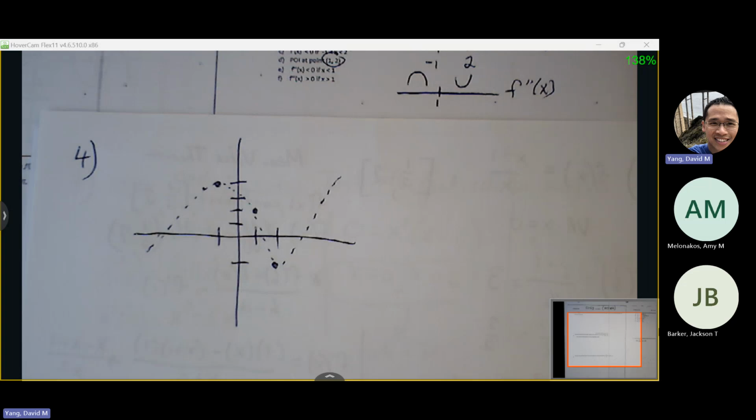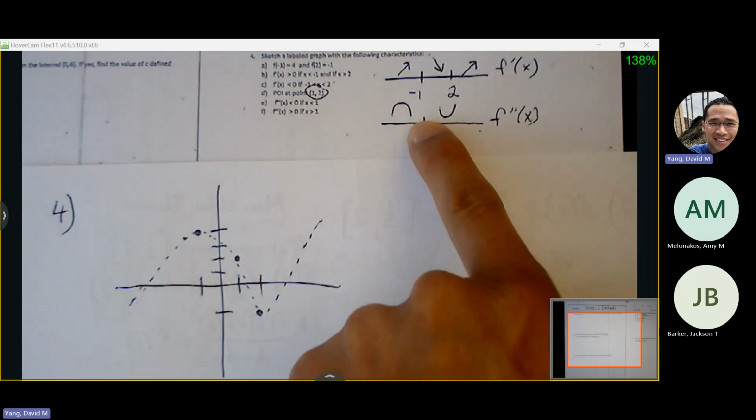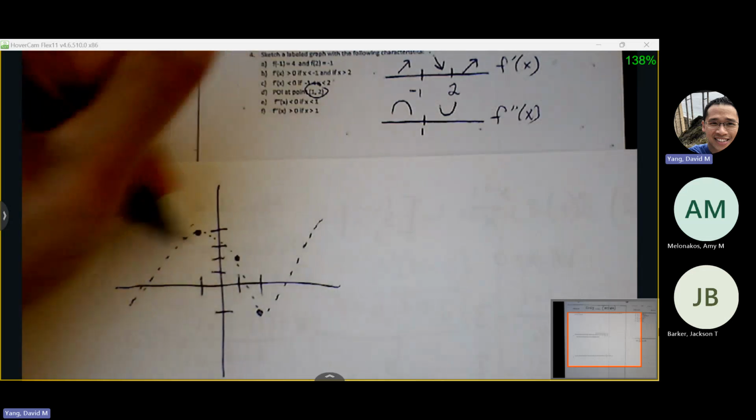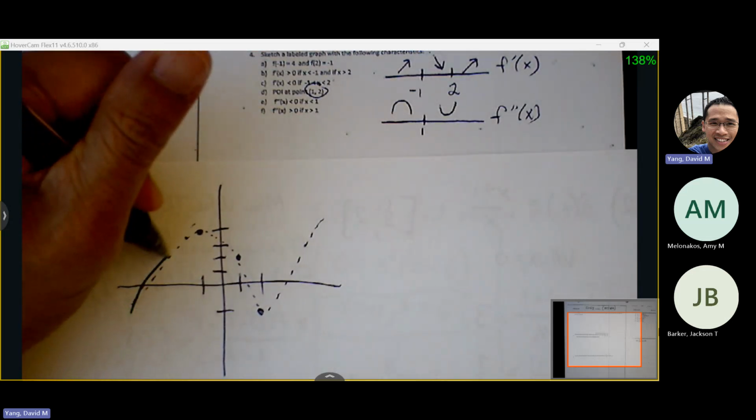Now around this, we want the graph to be concave down up until 1, so I can retrace it and give it that concave down shape.